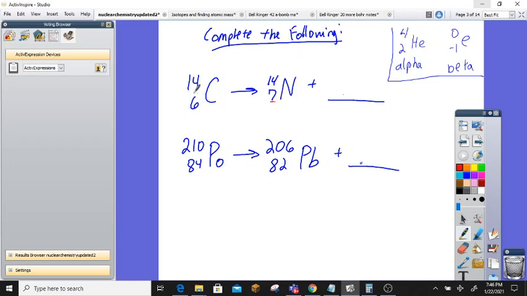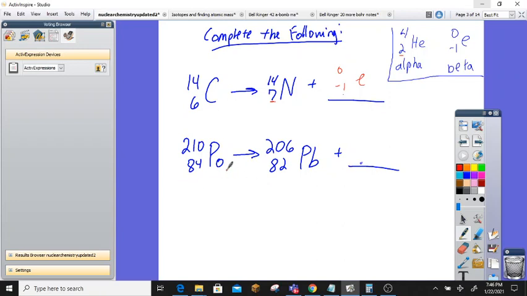So don't look at this side. Let's focus on the right side of the arrow. So here we're going to put either an alpha or a beta particle. So are we going to do 7 plus 2 or 7 minus 1? So 7 plus 2, 7, 8, 9, that would be 9. So that's not happening there. So this one would actually be a beta particle.